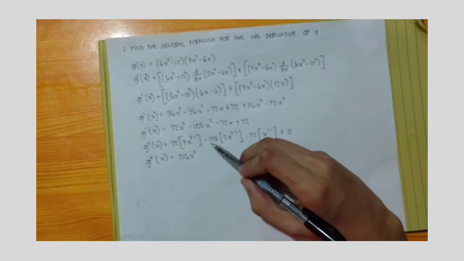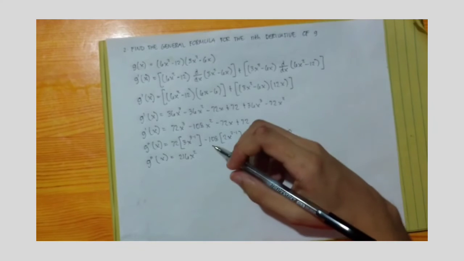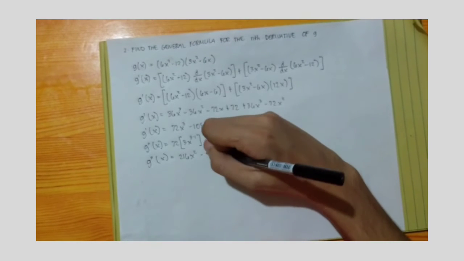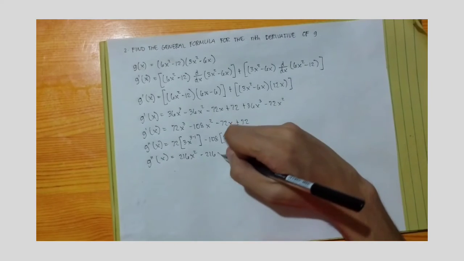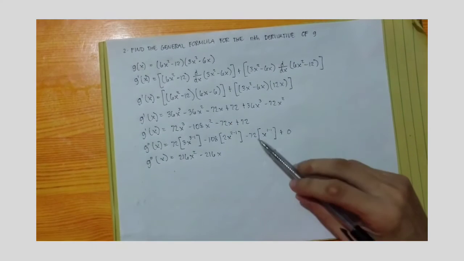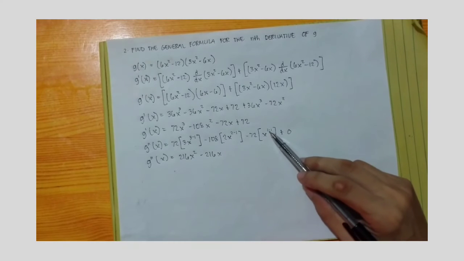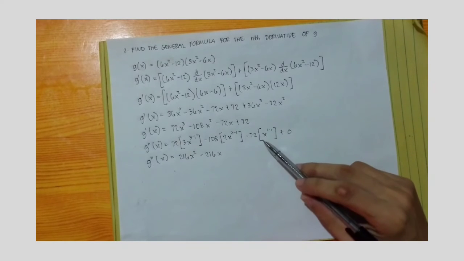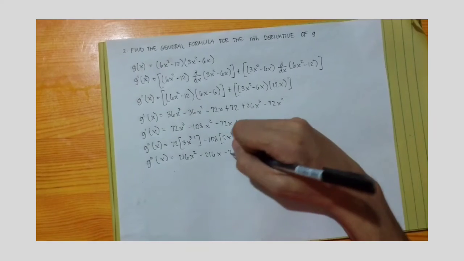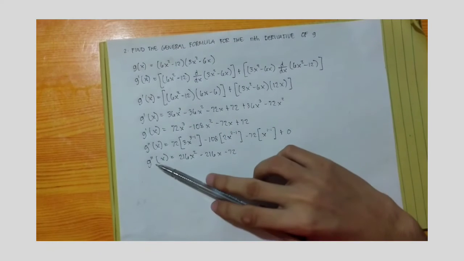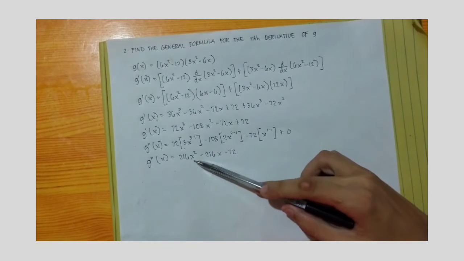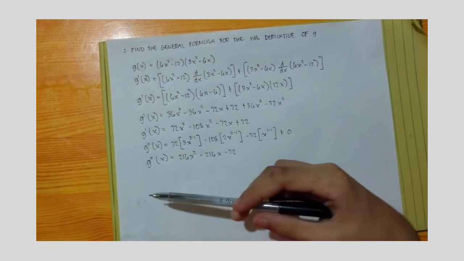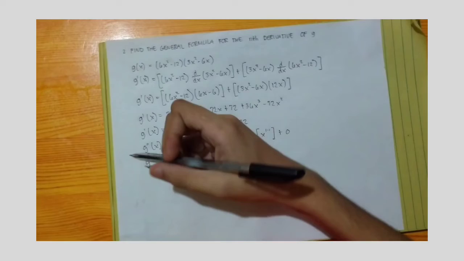Then multiply negative 108 by 2, and we have negative 216. Then 2 minus 1 is just equal to 1, so we have x. And since x raised to the power of 1 minus 1 is just equal to 1, we have negative 72. Therefore, the second derivative of function g of x is equal to 216x squared minus 216x minus 72. We need to get the third derivative of the function.